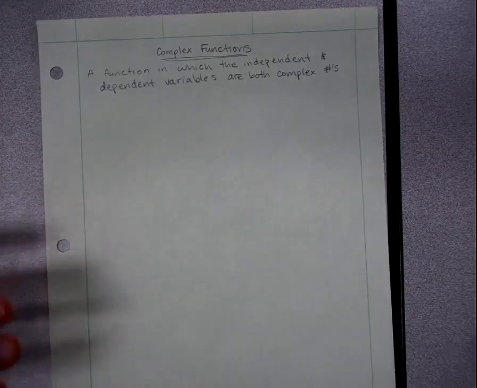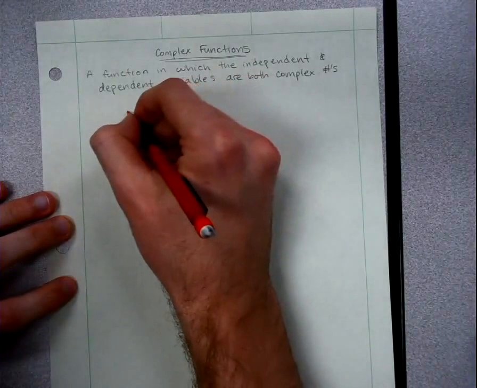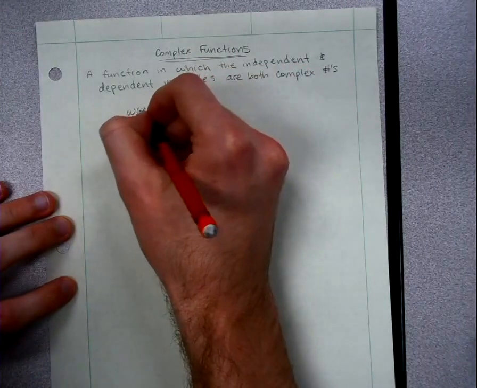So for a complex function, we're going to call it w of z.